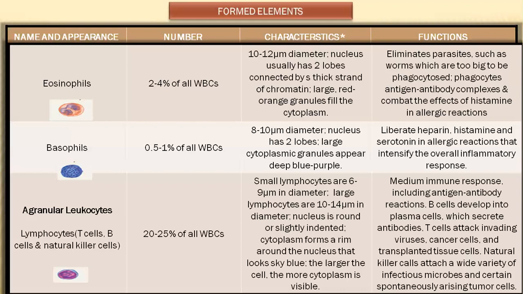They are the mediators of immune response, including antigen-antibody reactions, and they are also antigen presenting cells. The B cells develop into plasma cells later on, and the plasma cells start secreting antibodies, which attack viruses, cancer cells, and sometimes transplanted tissue.